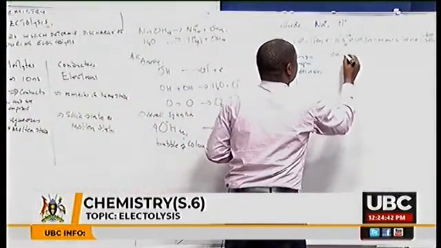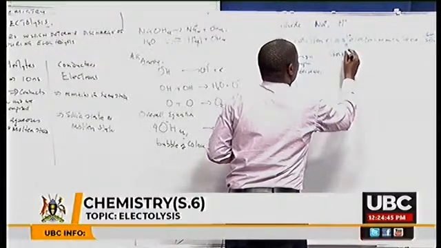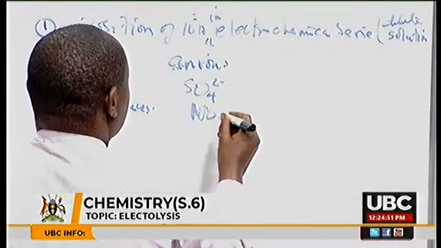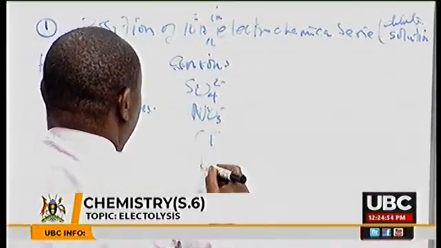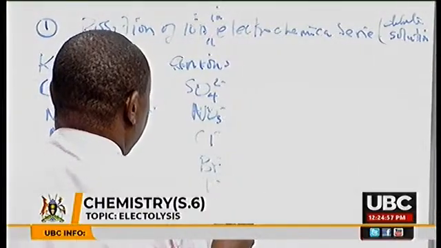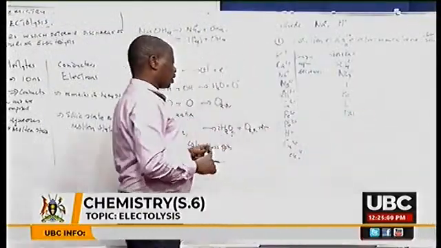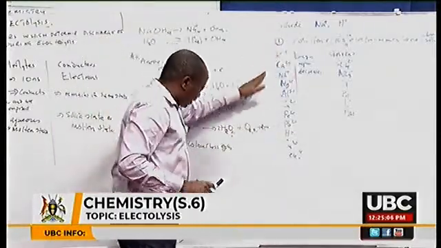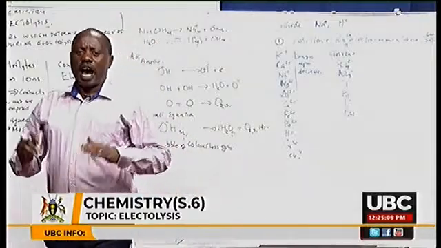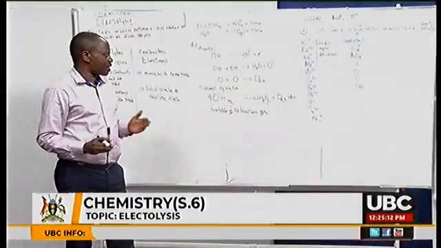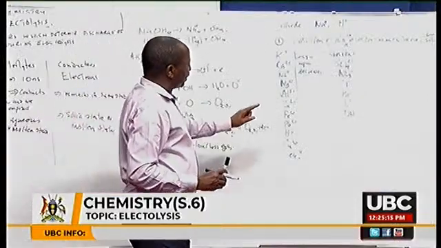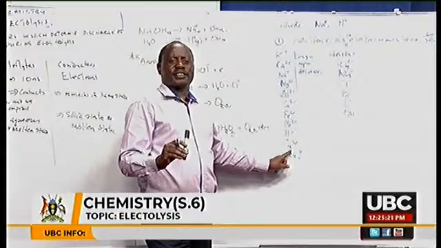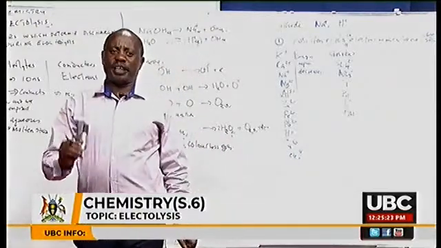Then for anions, we have sulfate as the highest, then nitrate, chloride, bromide, iodide, and hydroxyl. So when all of these ions are present in solution and you pass electric current, the ion which will be discharged is copper 2 ions. The rest will remain in solution, because copper 2 ions require less energy to be discharged.